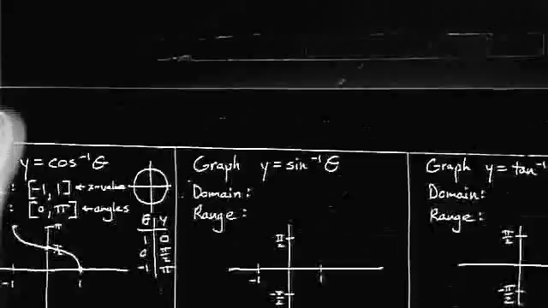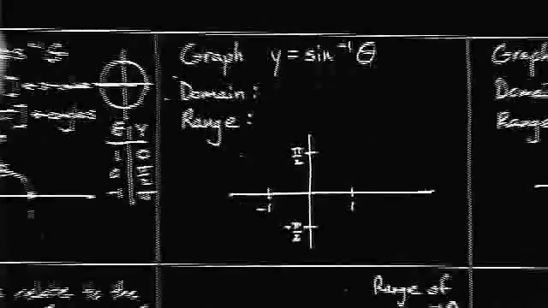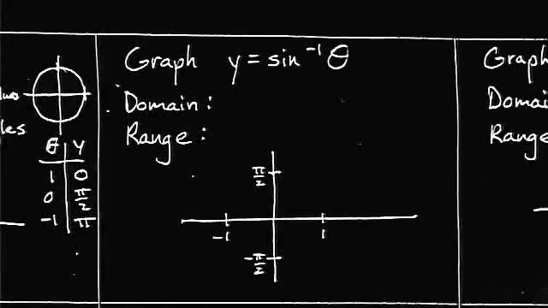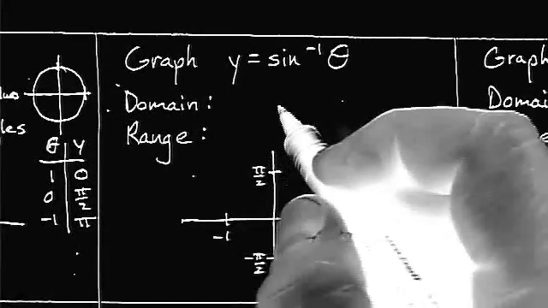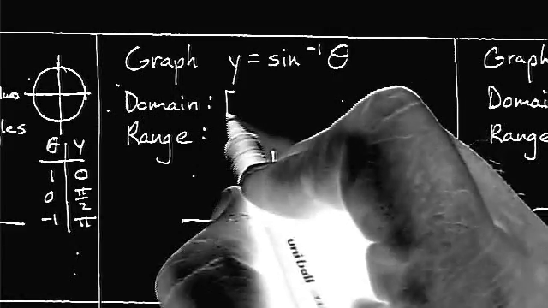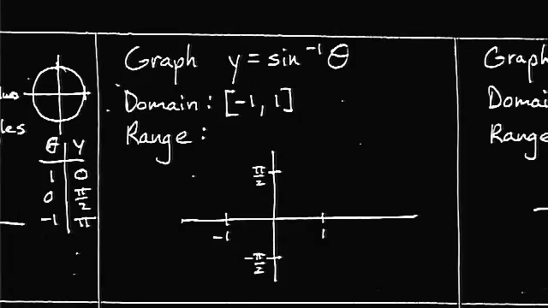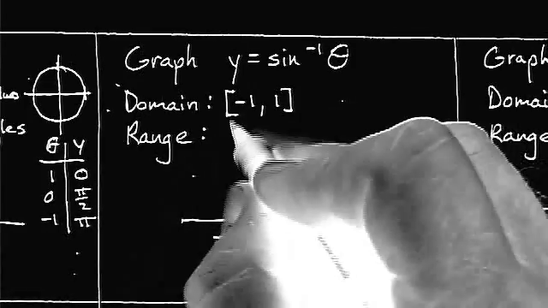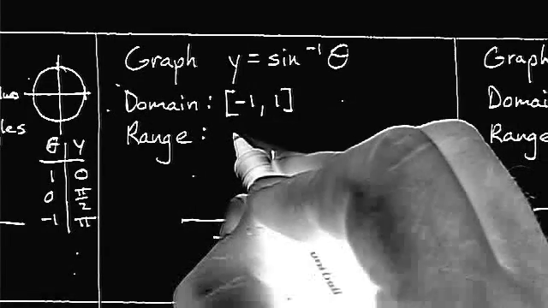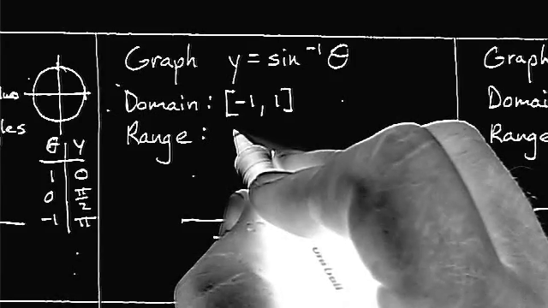Okay, let's take a look at the graph of the sine inverse function. My domain would be the range of the other one, negative 1 to 1. And my range would be the domain of the previous one, the restricted domain.